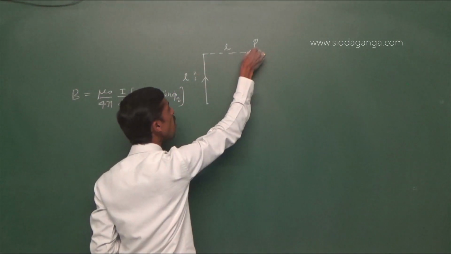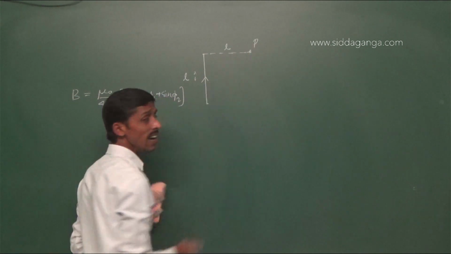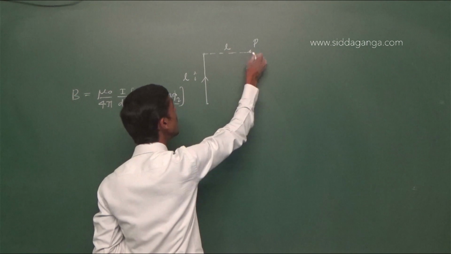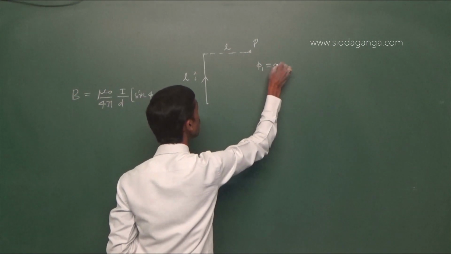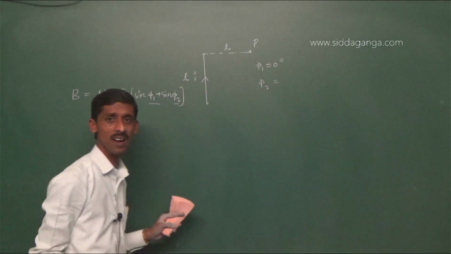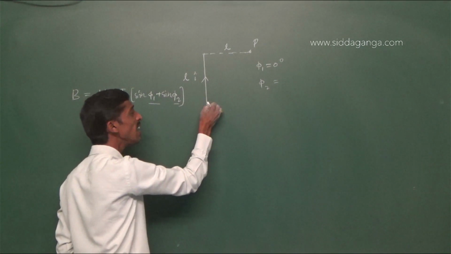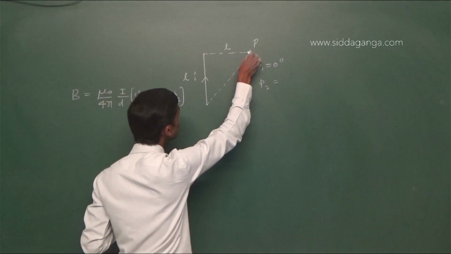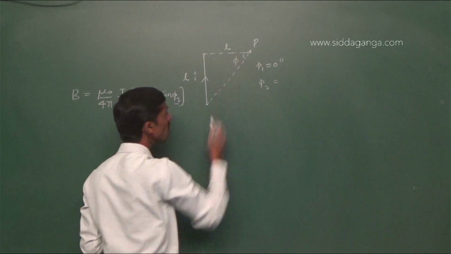The angles phi 1 and phi 2 are made by the lines joining the point to the ends. So what is the angle made by this end at this point? One angle is 0. What is the other angle, made by the line joining the other end of the conductor and the given point?